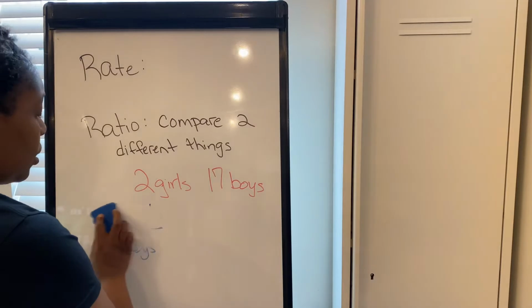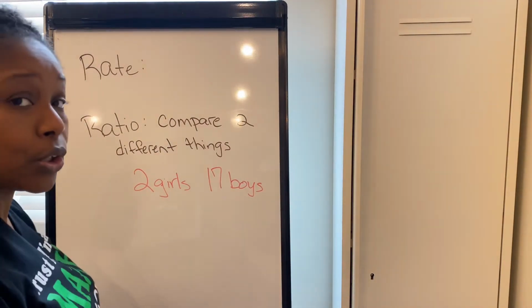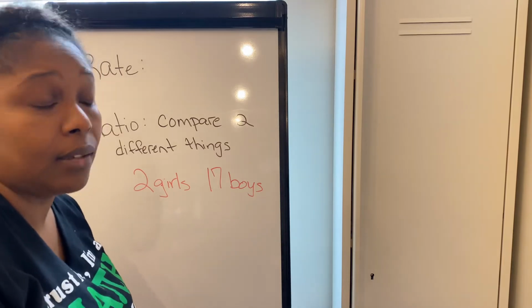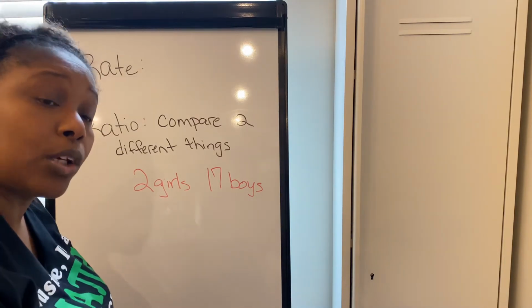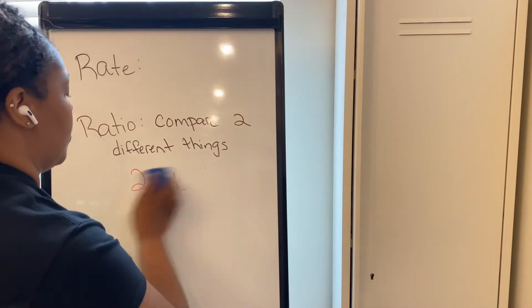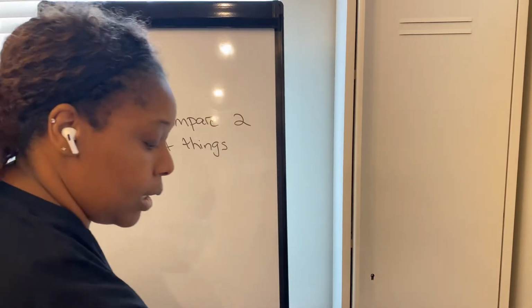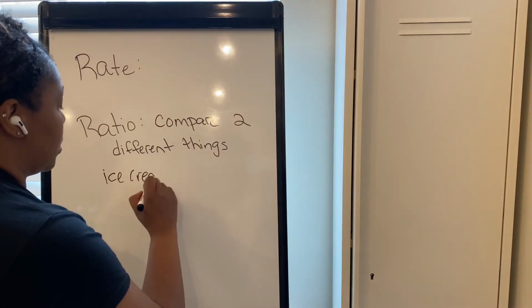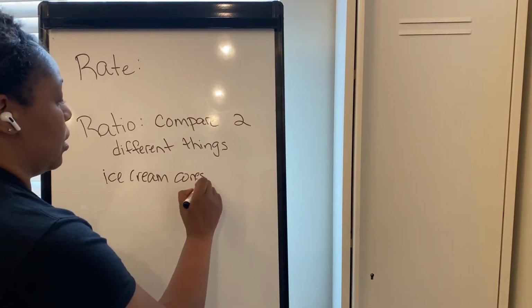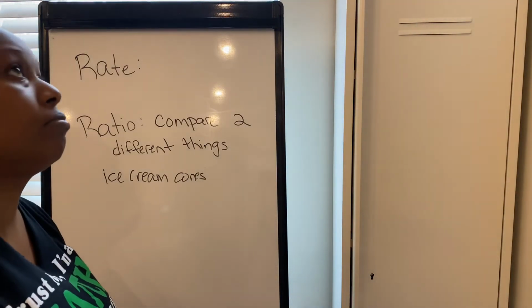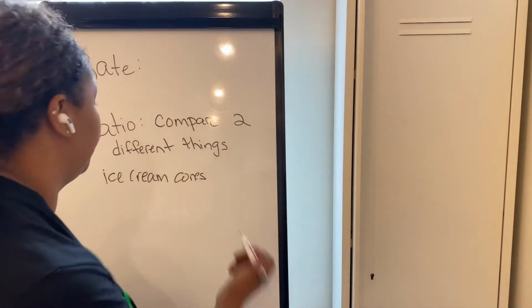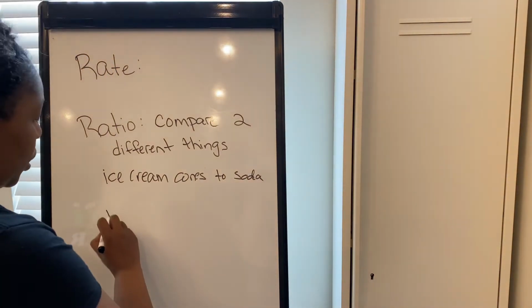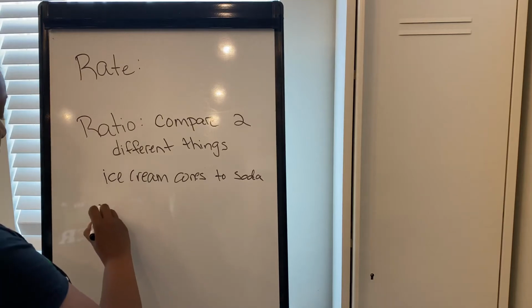Now, as I said, when we're doing a ratio, you don't need to do any math unless you have to combine items that are alike. So if you had ice cream cones, and I wanted to get a ratio of ice cream cones to soda, and we don't know what it is, right? So don't laugh at my ice cream cone, but I'm going to do that.